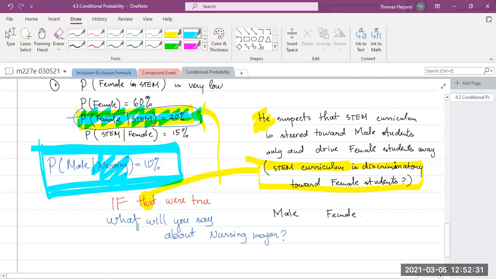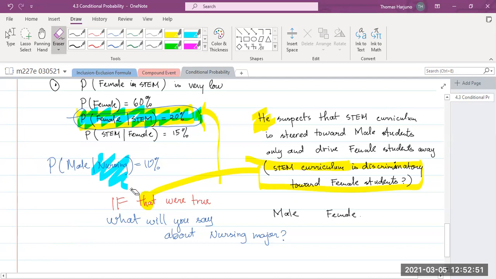Maybe the opposite, the converse, is also true, because there are so many female students going to the nursing program, or the likeness of nursing program as a social study, or psychology, such that we then have much fewer female students available to go to the STEM program. It could be the case.